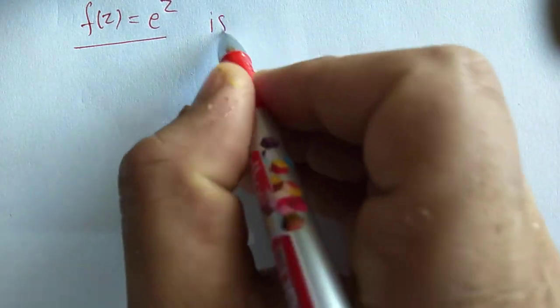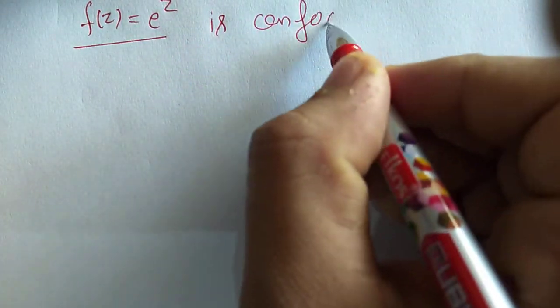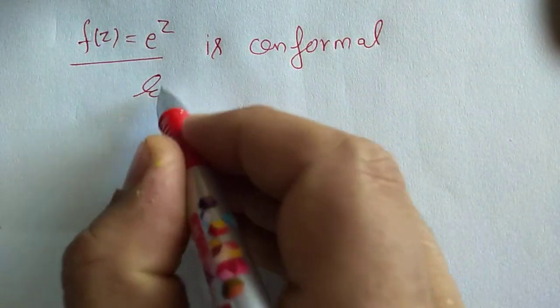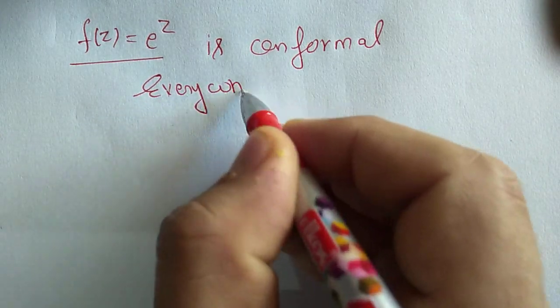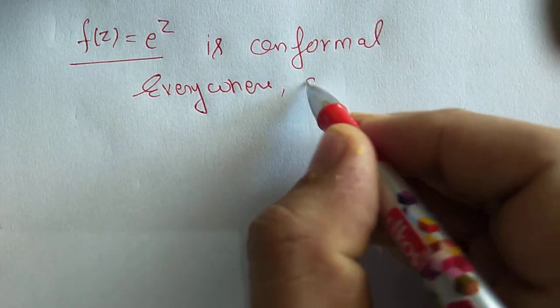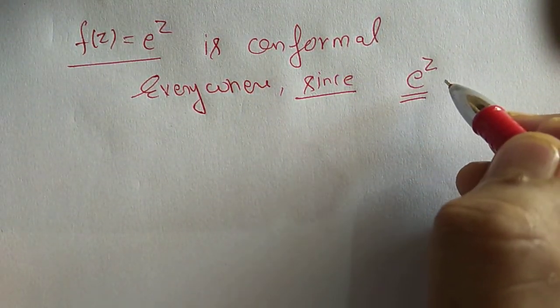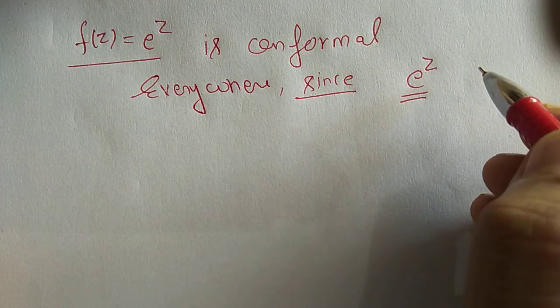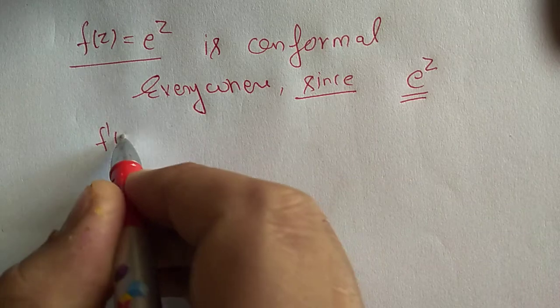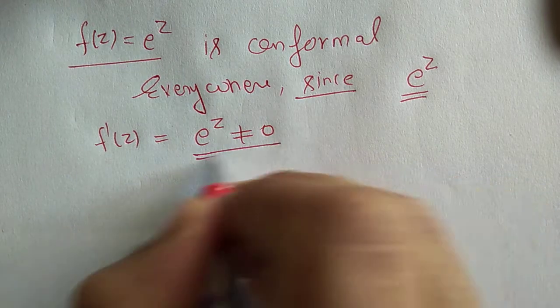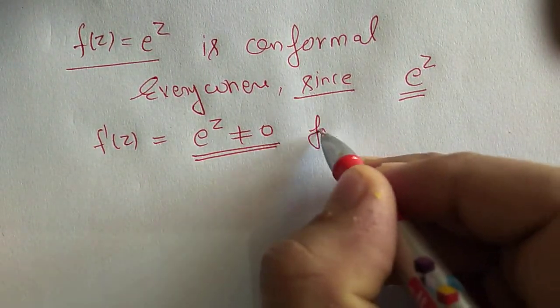The mapping w equal to e power z is conformal everywhere, since first, e power z is an entire function, it is analytic throughout the plane, and if you find f dash z, that is again e power z, which won't be 0 for any point of the plane for all z.